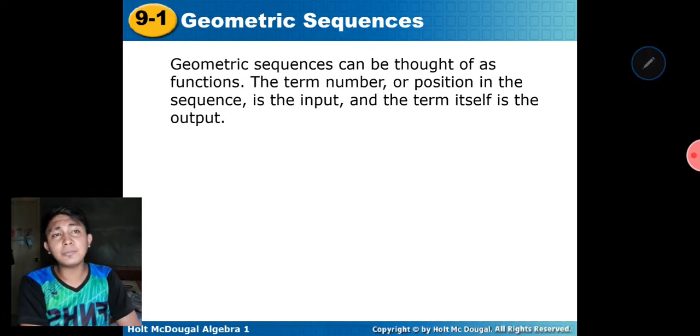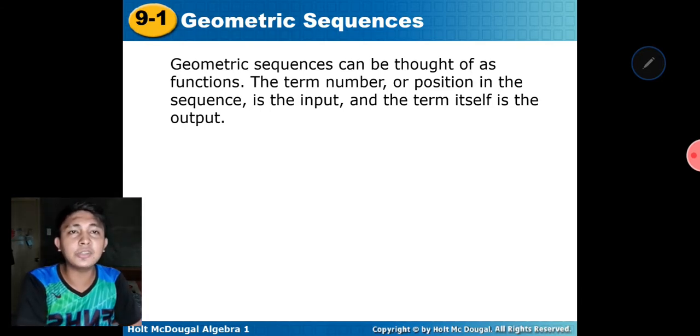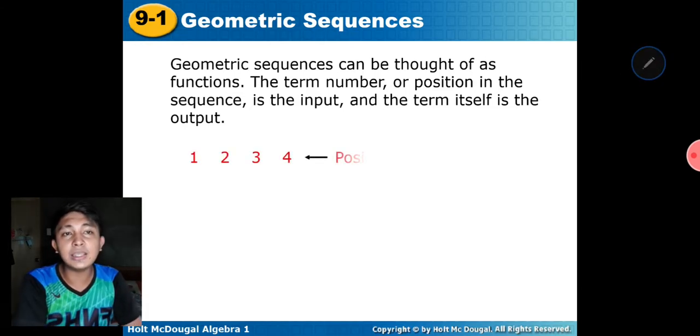Geometric sequences can be thought of as functions. The term number or position in the sequence is the input, and the term itself is the output.